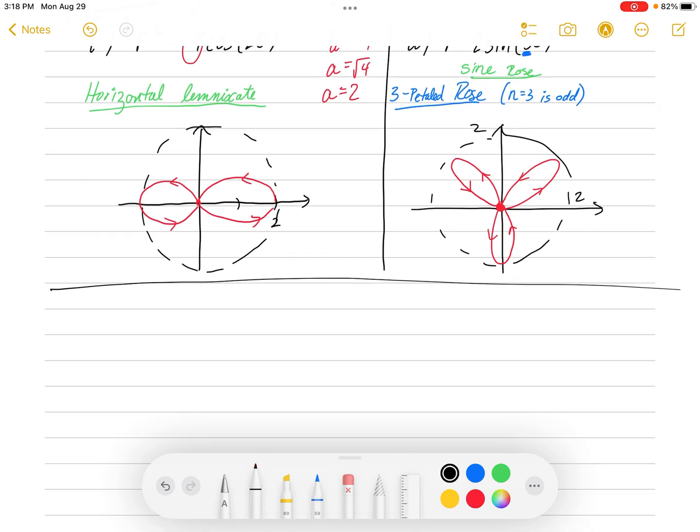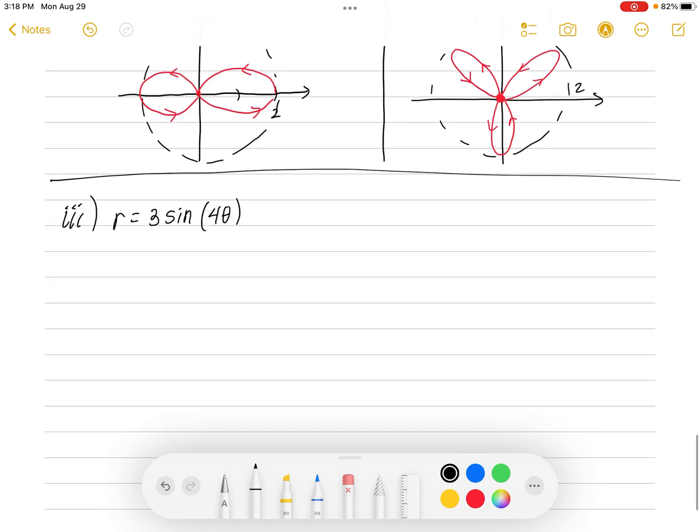Okay, here's number 3. Let's say I take r equals 3 times the sine of 4 theta. Now notice here we have the sine of 4 theta. So because we have a number in front of our angle, that means we're dealing with a rose.